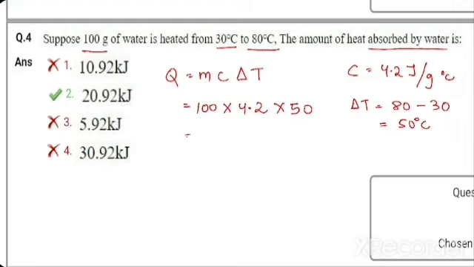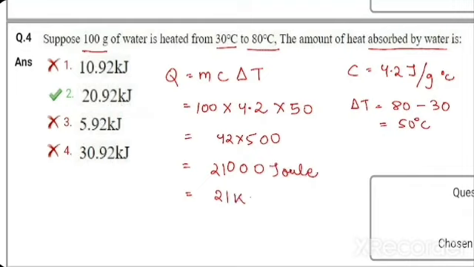By solving we get 4.2 into 5000, that is 21000 joule, or we can write 21 kilojoule.